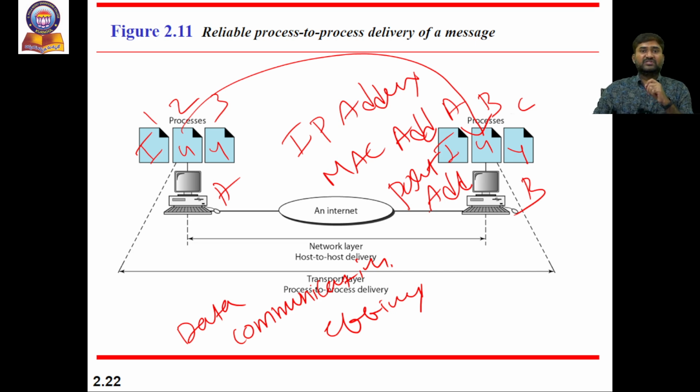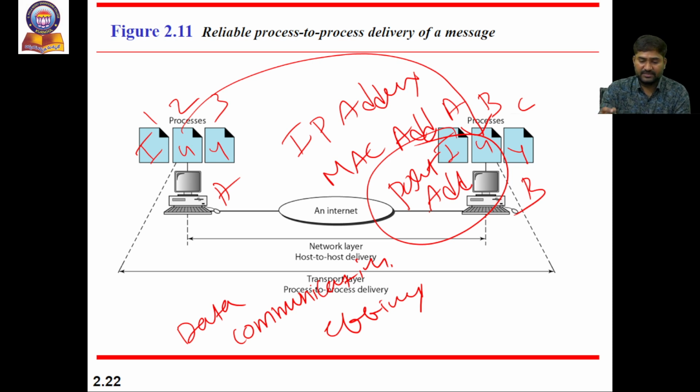With the help of these 3 addresses only, we are sending the data. The IP addresses are helpful to reach my message to the system, the device only, but my message needs to go to the application. To reach the application, the port address helps.